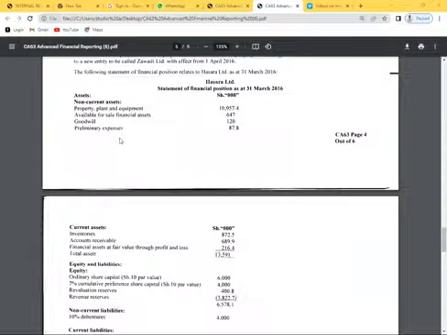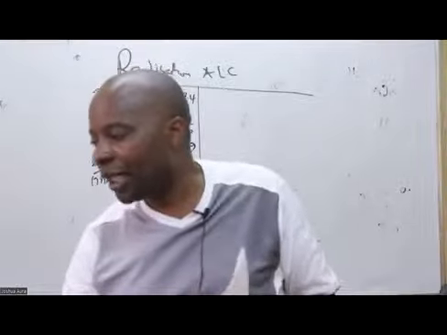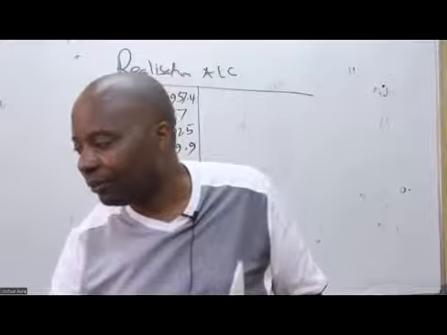It is 872.5. We have accounts receivable 689.9. Then we have financial assets 216.4. So you take them at book value.